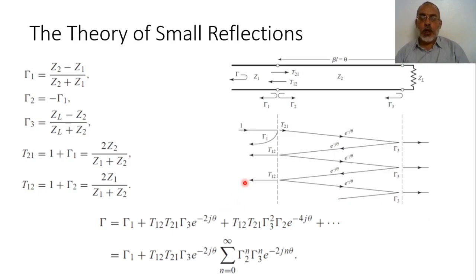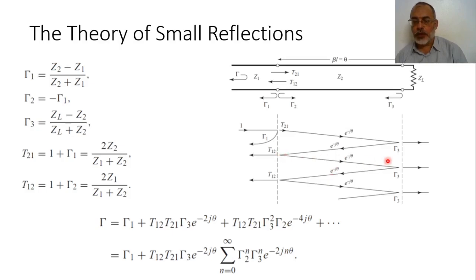If we take the transmission coefficients T12 multiplied by T21 multiplied by gamma 3 as a common factor, with e to the power minus j2 theta as a common factor, the remaining multiple reflections would be gamma 2, which is the reflection at this interface, multiplied by gamma 3.